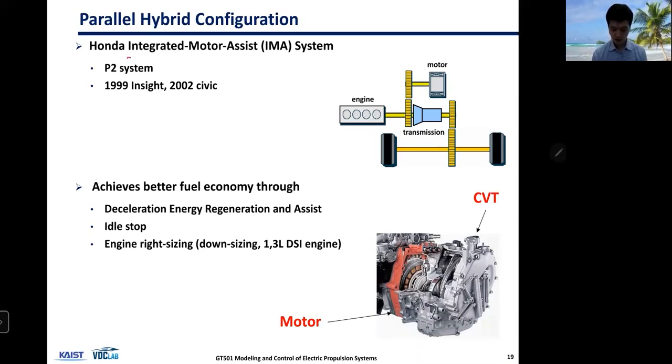Okay. And there are other parallel hybrid configurations. Honda had IMA, integrated motor assist. So this was a mild hybrid, where they had some small motor between the engine and transmission, but their sales were not successful.